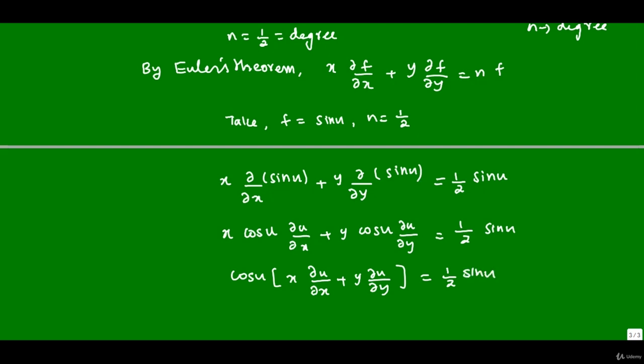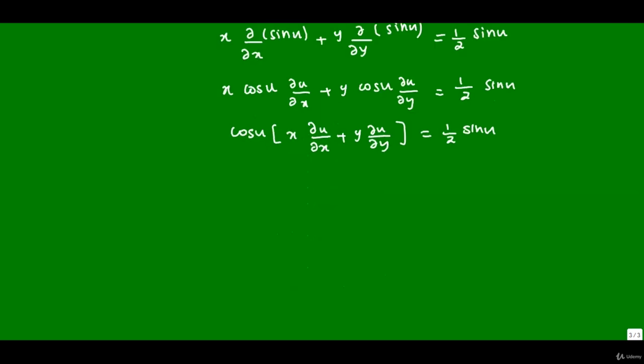Divide this equation by cos u. We get x into dou u by dou x plus y into dou u by dou y equals 1 by 2 into sin u by cos u.